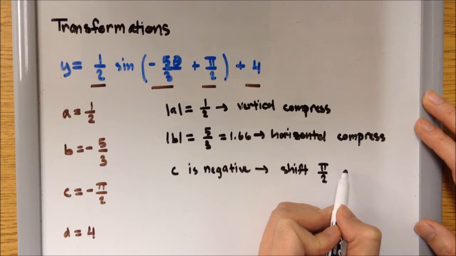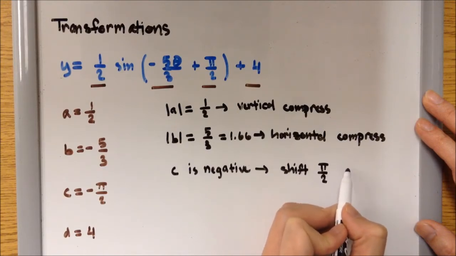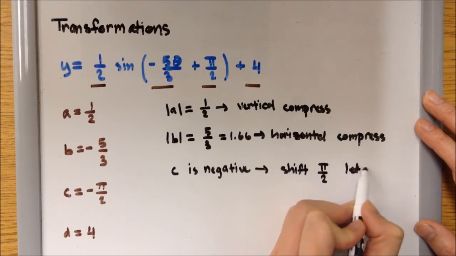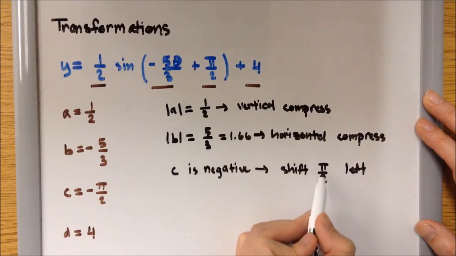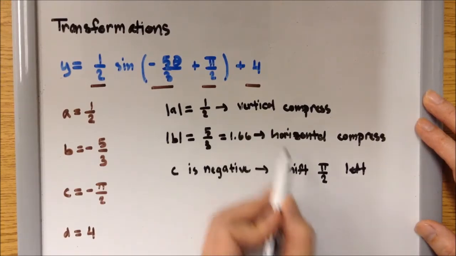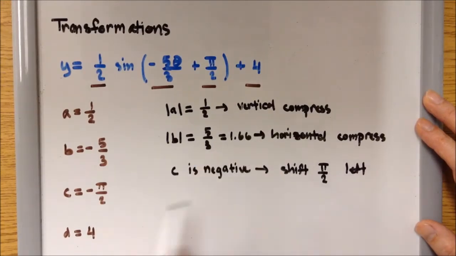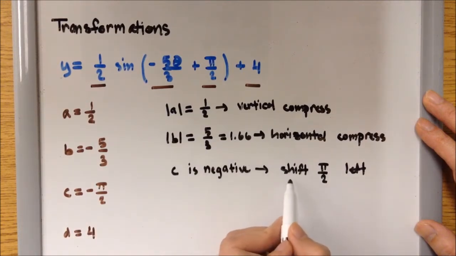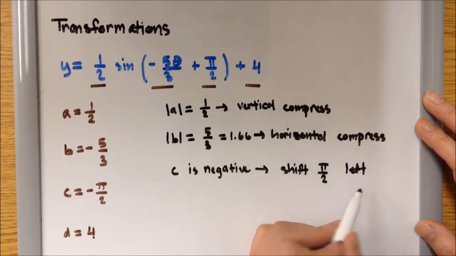Since C is negative, this is going to shift pi over 2 to the left. So it's going to move pi over 2 units to the left. If this was a whole number and C was negative, for example if C was equal to negative 5, then it would say shift 5 left.